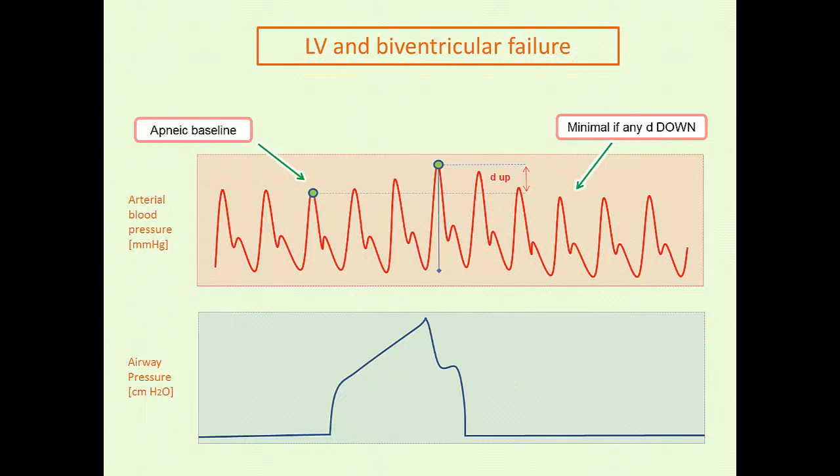The way that you may be able to distinguish this patient is that they'll have minimal, if any, delta down, because there's a minimal inspiratory decrement in right ventricular output.